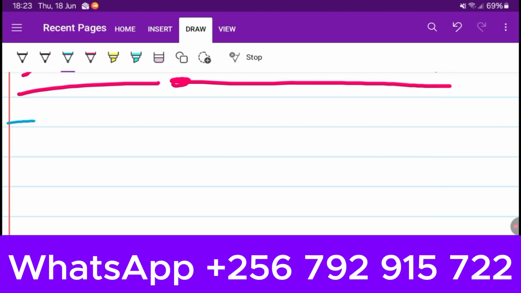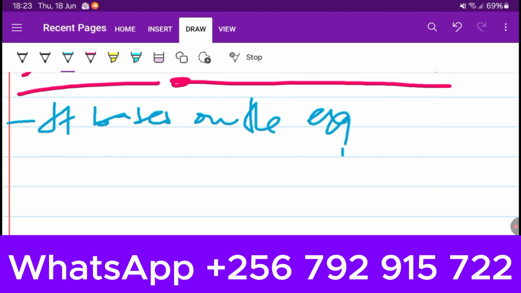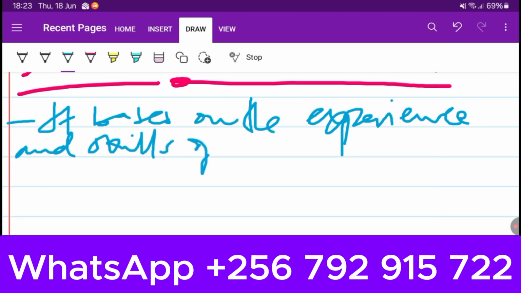So it bases on the quality of the researcher. It bases on the experience and the skills of the researcher.